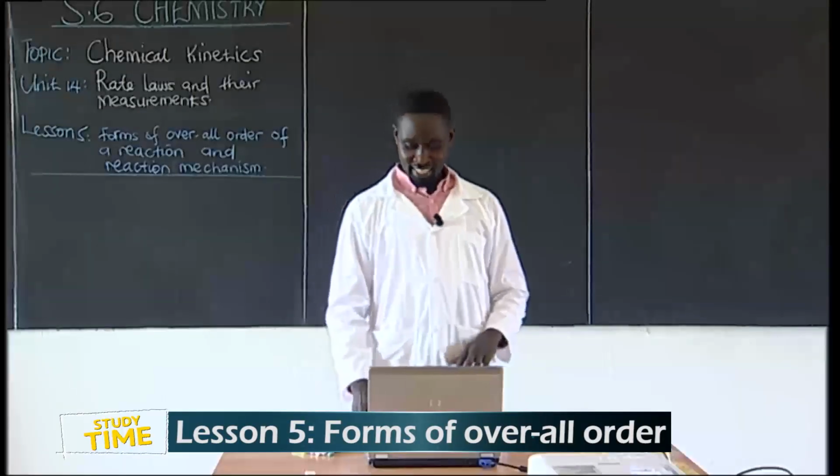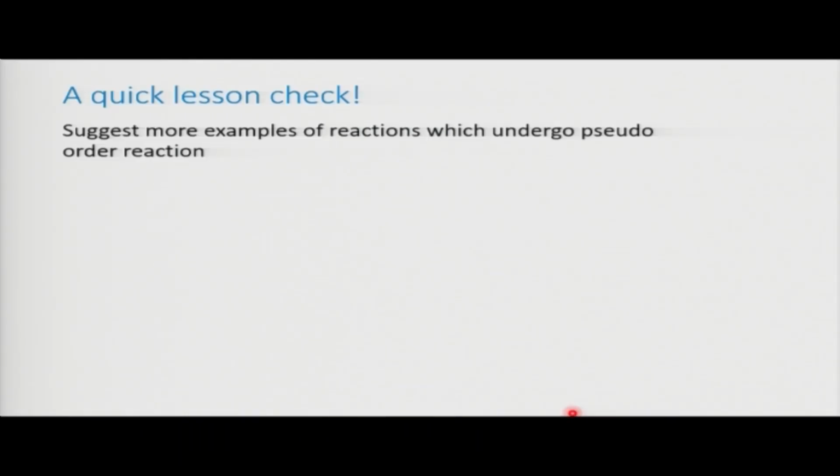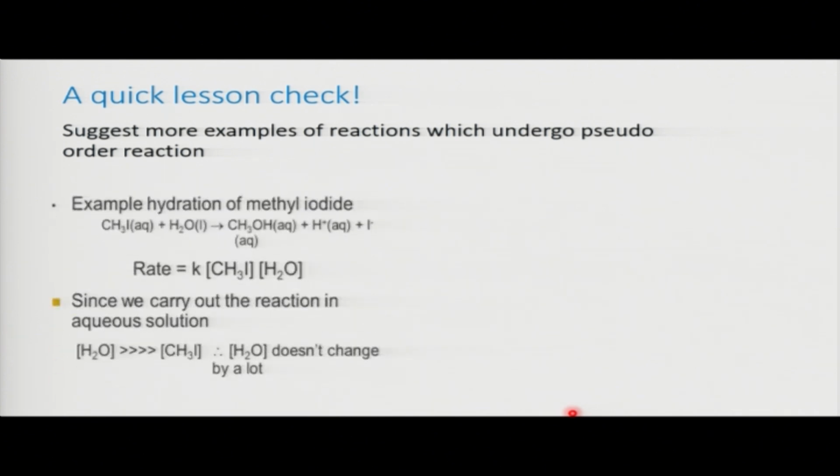Okay, let's see what you've obtained. Show me. Of course, share with a friend and see if you got similar responses. I'm not saying exact, but similar responses. So here the example is hydration of methyl iodide. Again, we are involving water because water, wherever it is, is always in a large excess.